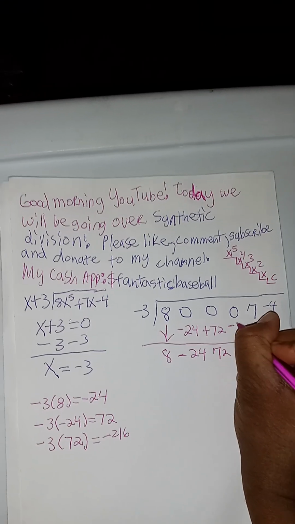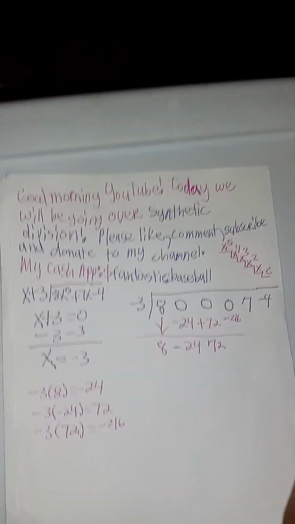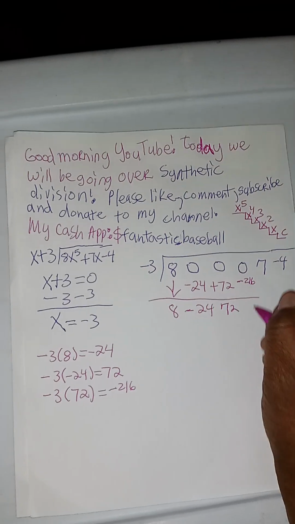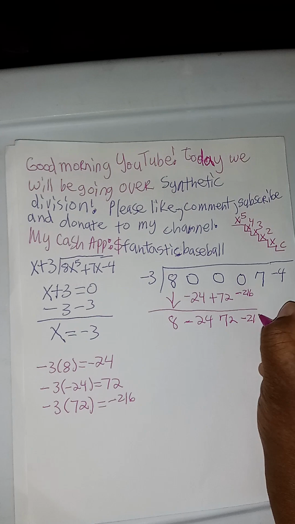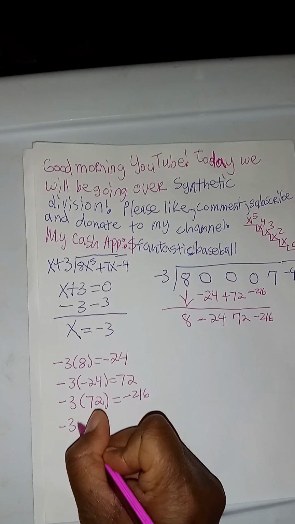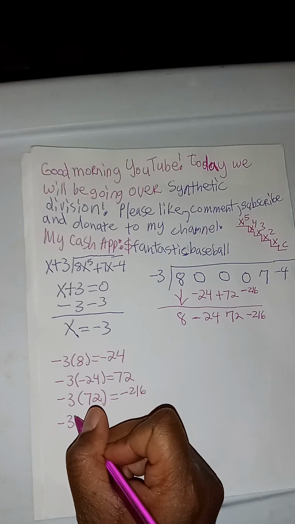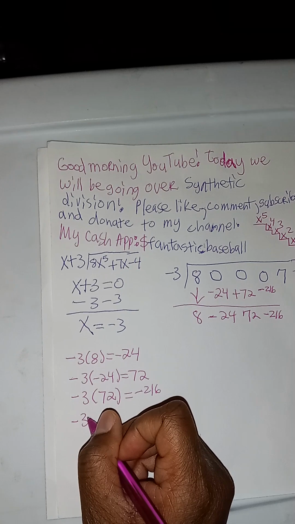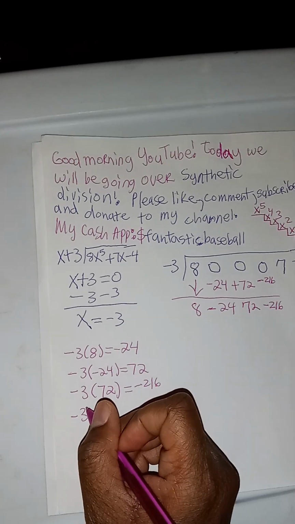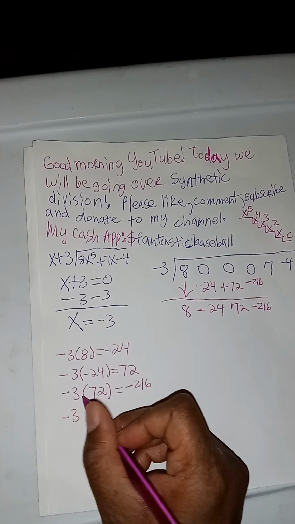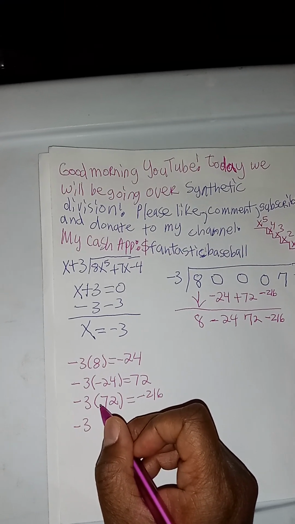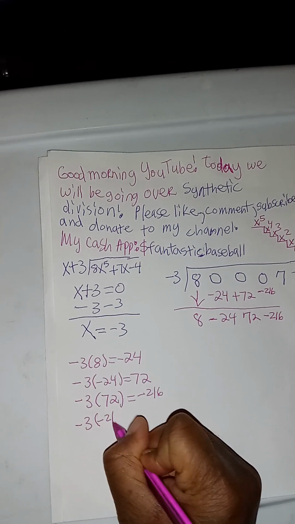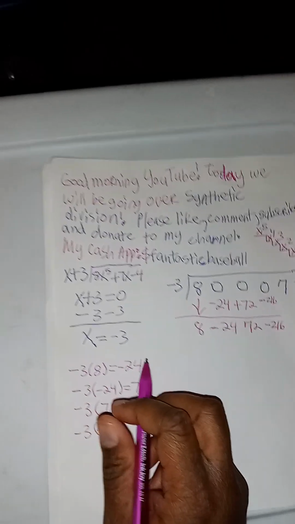So -216. Okay. 0 minus 216 is -216. So -3 times -216 is, and let's think about this.